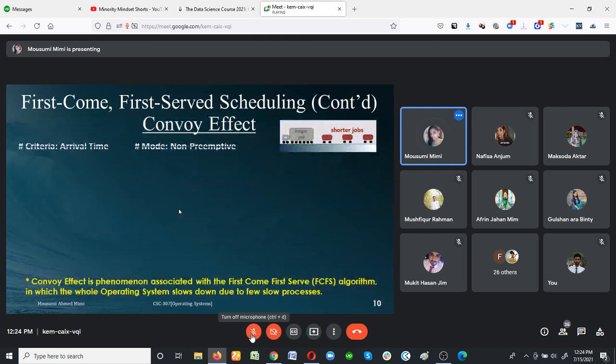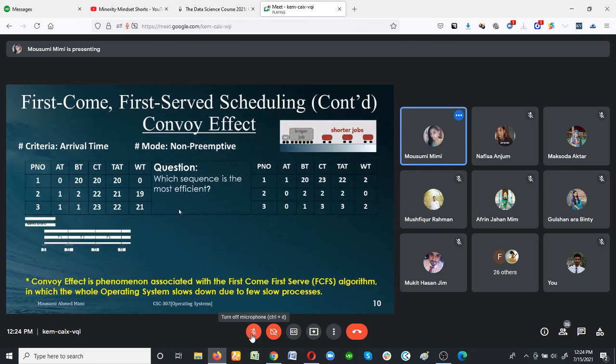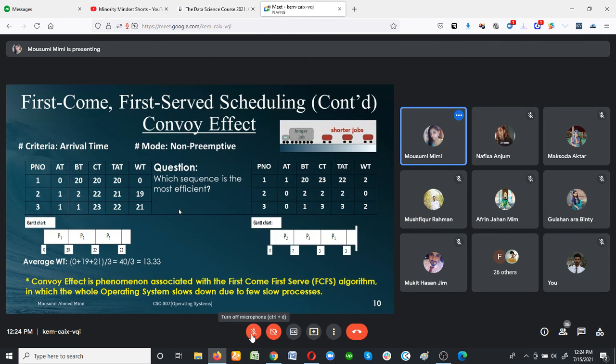Now, this example. I told you that arrival time is important. According to arrival time, we have to decide which process we will work on first. First of all, look at this table.